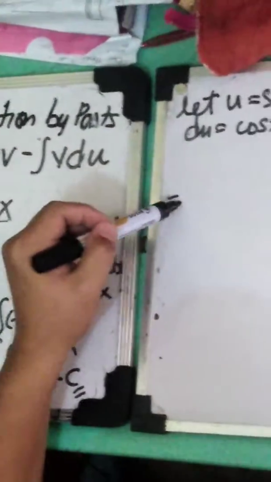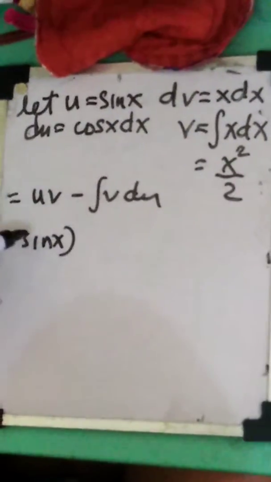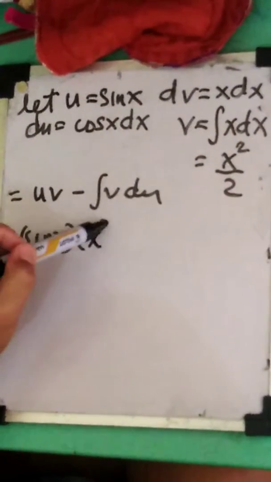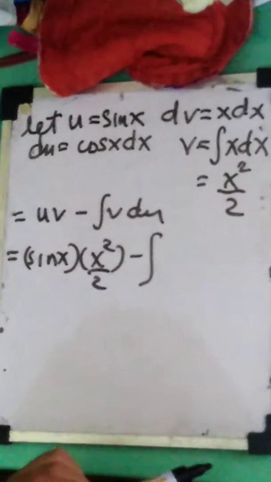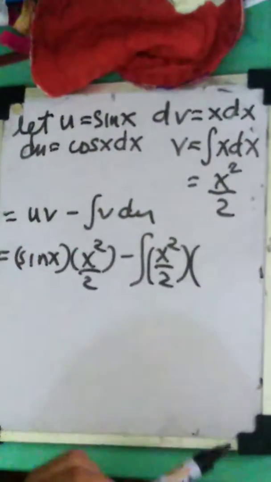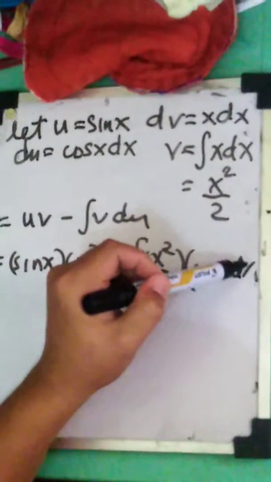Then upon substituting to the equation, uv minus integral of v du, u is sine x multiplied by v, which is x squared over 2, minus the integral of v, x squared over 2, times du, which is cosine x dx.